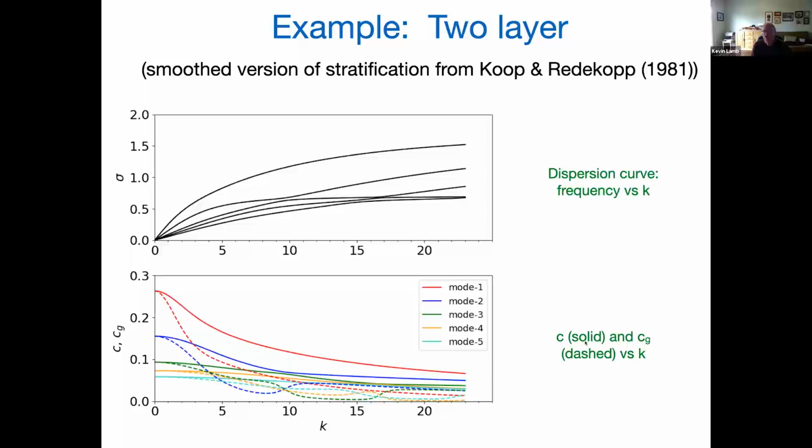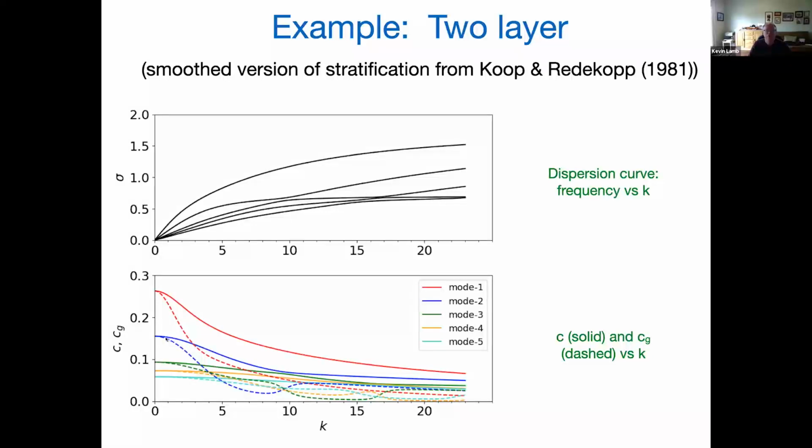The phase speed decreases monotonically with k as the waves get shorter and shorter. But the group velocity, which is the derivative of the frequency with respect to k, is given by the dashed curves, and you can see it's not decaying monotonically.